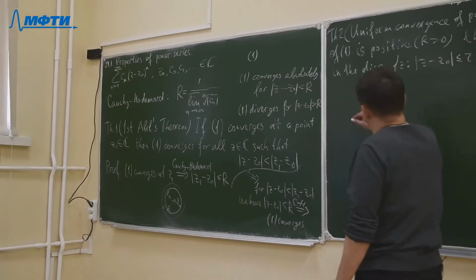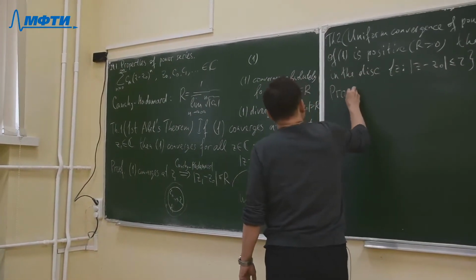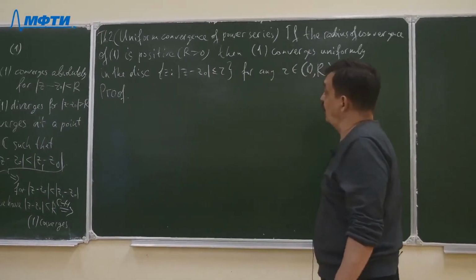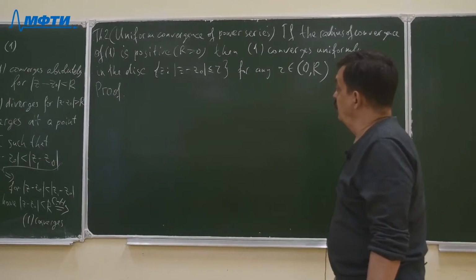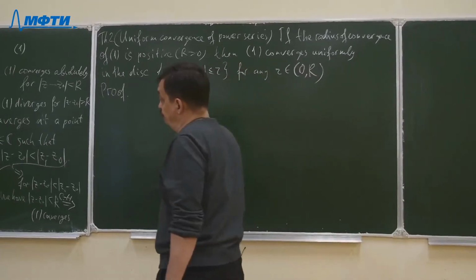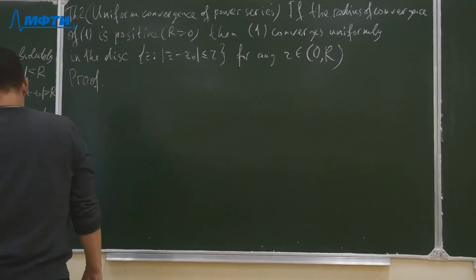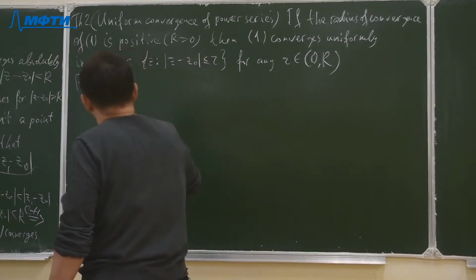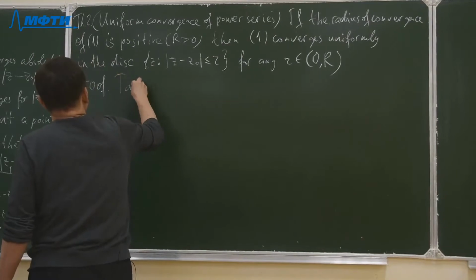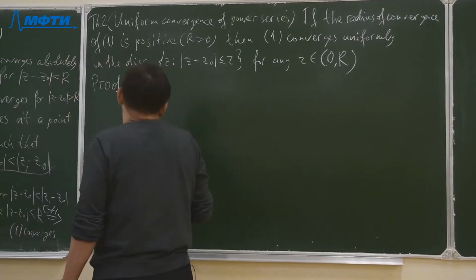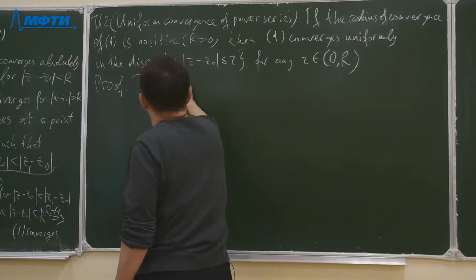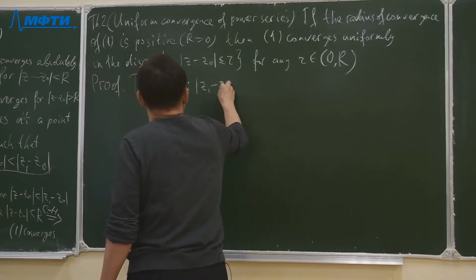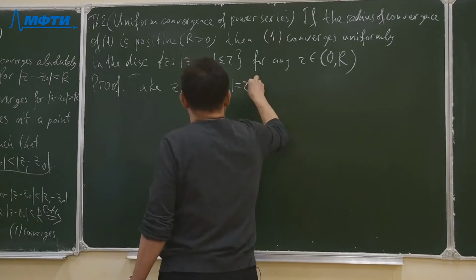Proof. Okay, take, let's say, z1 such that |z1 minus z0| is equal to r.